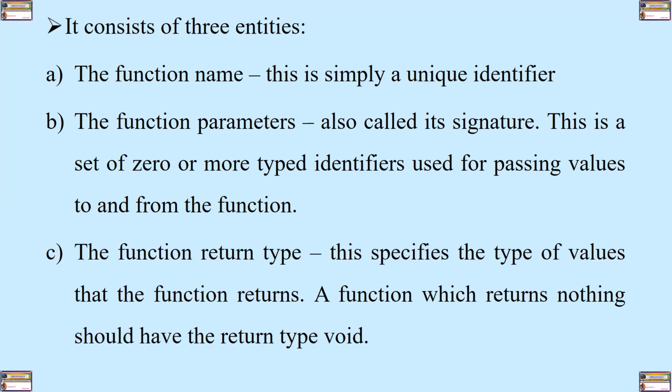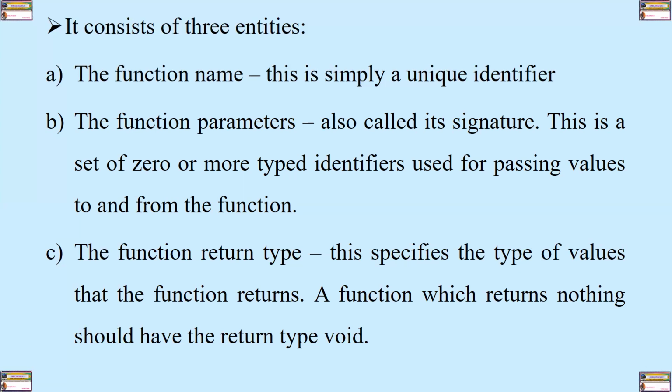Then we have what we call the function return type, just as you have seen. The function return type specifies the type of values that the function returns. Like in our case, we have seen that our function called find area is going to return a value of type double. A function which returns nothing should have the return type void.